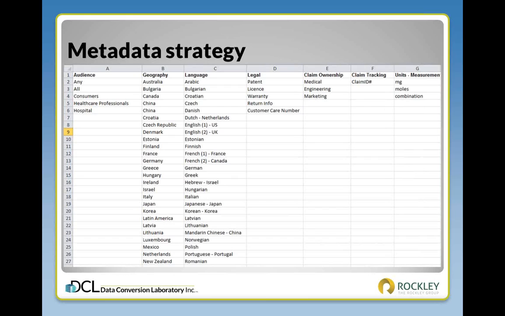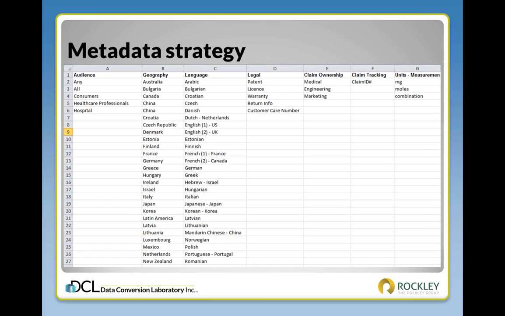As I mentioned, we have a metadata strategy, and again, this is just a partial, not necessarily specific, but you could say who's our audience for the information, healthcare professionals, a hospital, a consumer, what's our geography, what's our language. We could have different versions, as you can see, of English, US or UK, French.